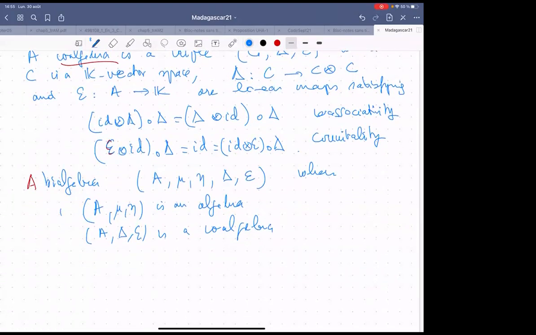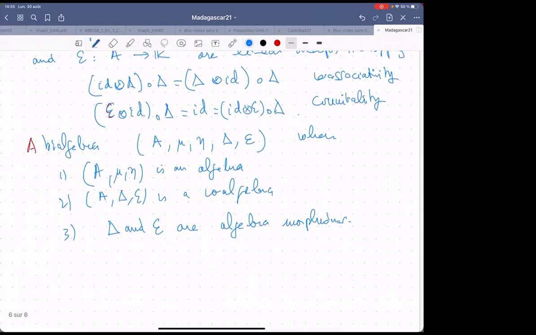And here we have a compatibility condition, which we can express as: delta and epsilon are algebra morphisms with respect to mu. What does it mean?